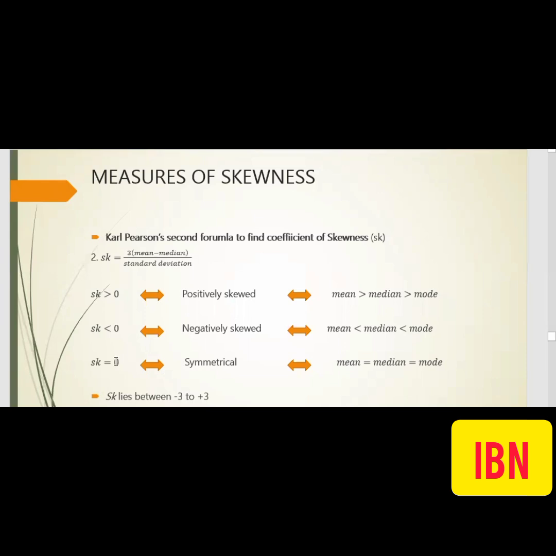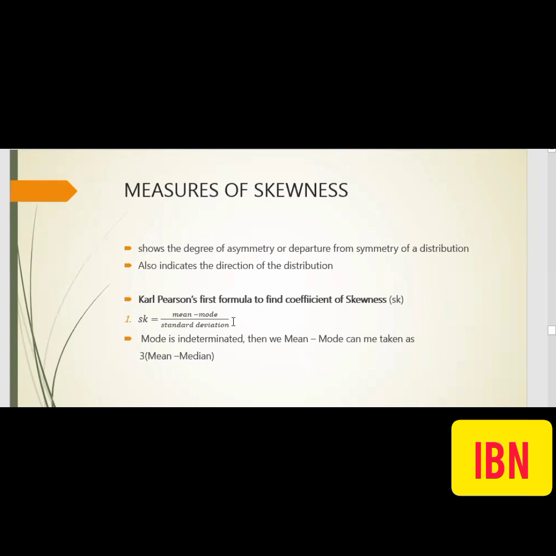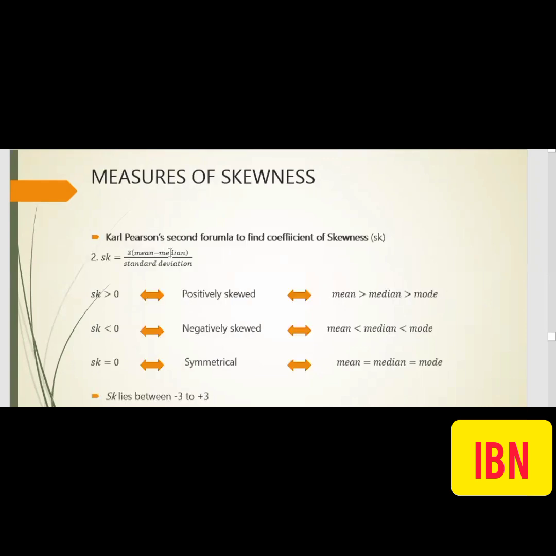The third situation occurs if skewness comes out to be 0. If with the help of the first formula you get 0, then certainly you will get 0 with the help of the second formula for the same distribution. Greater than 0 means positively skewed, less than 0 means negatively skewed.